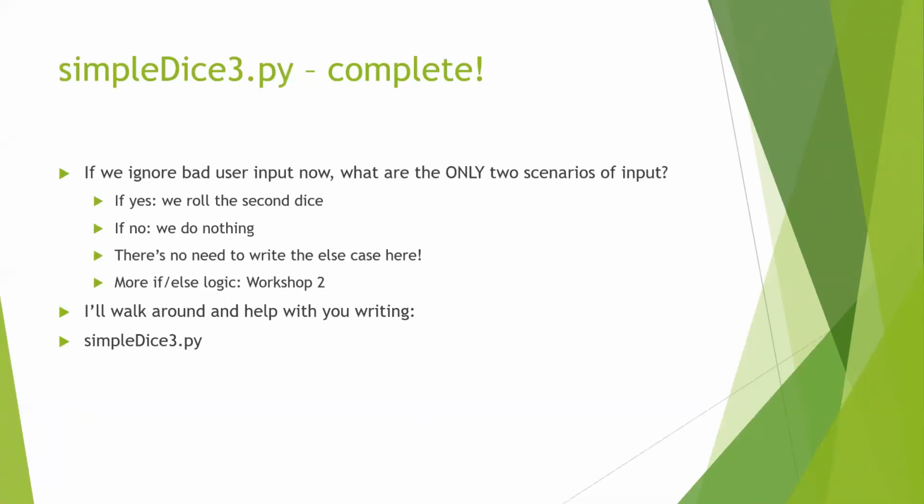We just need to check if the user input is yes, and then we roll the second dice. That's it. It's that simple. And we're going to do more if-else logic in workshop 2. So I want you to pause the video right now and give it a try using what you've already learned from that if-else.py file. That should help you with completing this project.